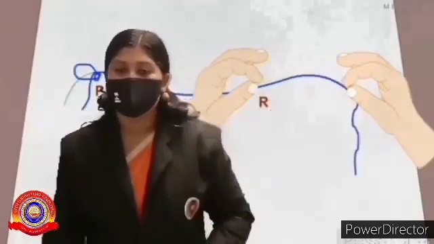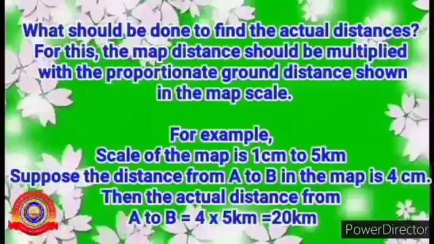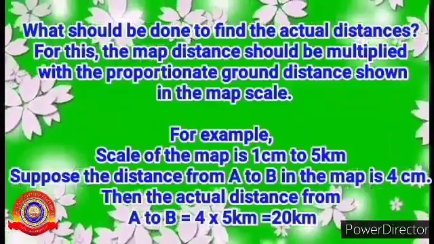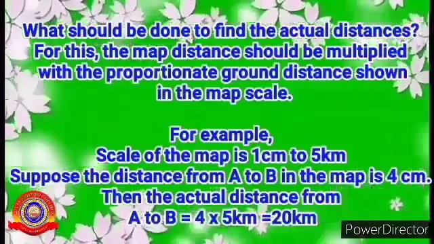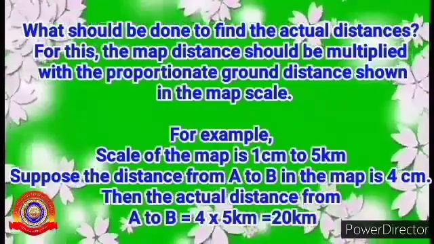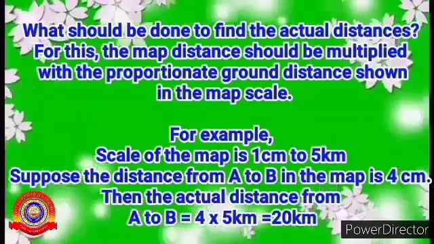What should be done to find the actual distances? For this, the map distance should be multiplied with the proportionate ground distance shown in the map scale. For example, scale of a map is 1 centimeter to 5 kilometer.